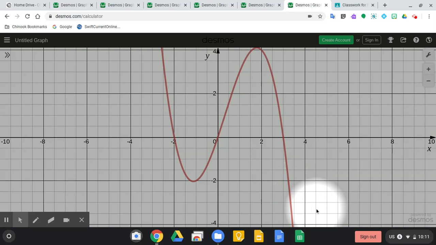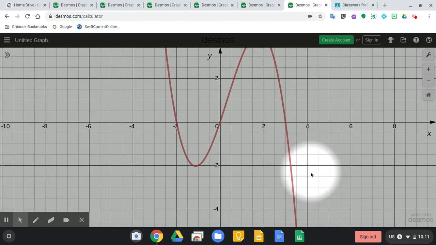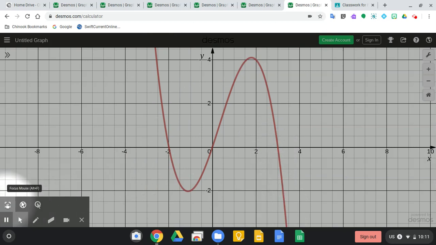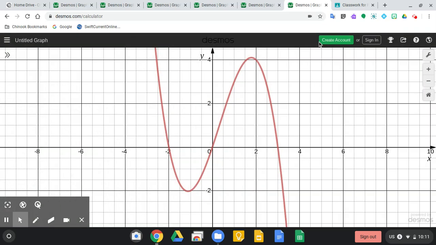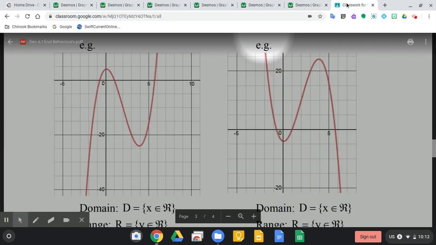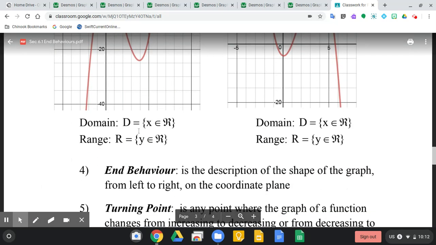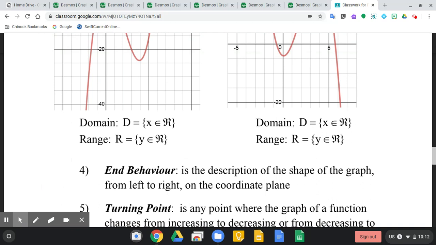So our domain is all real numbers. And if we look at it in terms of our range, it is also all real numbers. It goes forever upwards and forever downwards. So for this cubic graph, our domain and range are all real numbers.